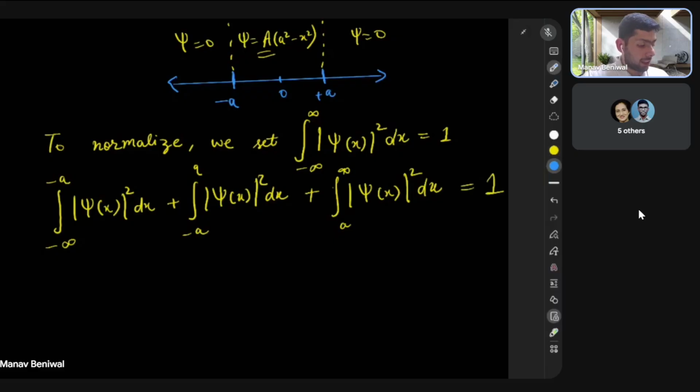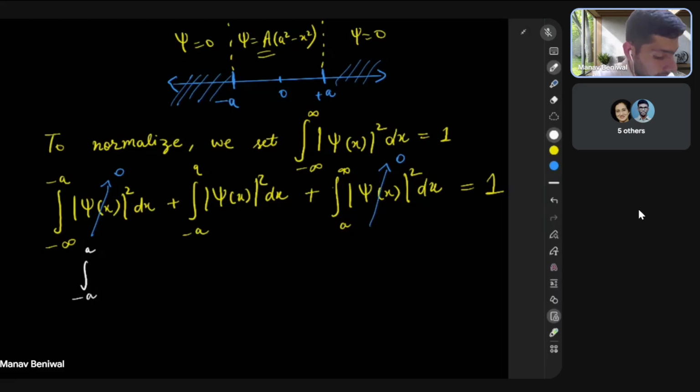We know that the wave function in the outer two regions is 0, so those terms go to 0. Then we have this integral from minus a to a. The value of the wave function psi here is A times (a squared minus x squared), so this entire thing squared times dx is 1.